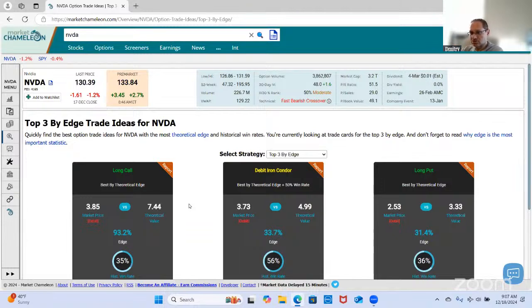Sometimes it's assumptions about things that you expect in the future, like a dividend or interest rates. But in this situation, we're looking at the historical data and saying, well, based on the historical stock behavior in NVIDIA, what is this option worth in theory?